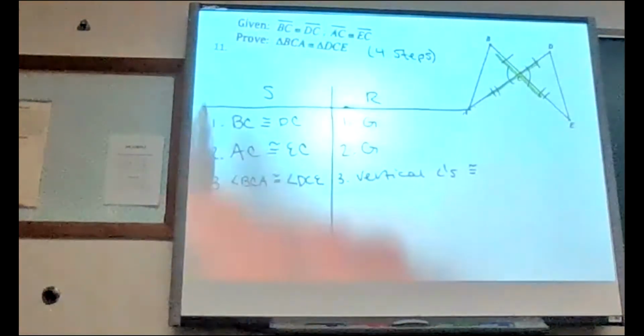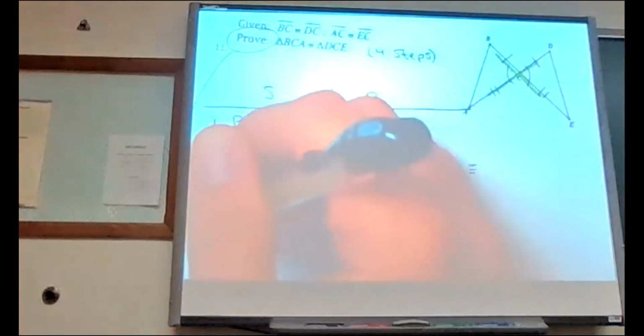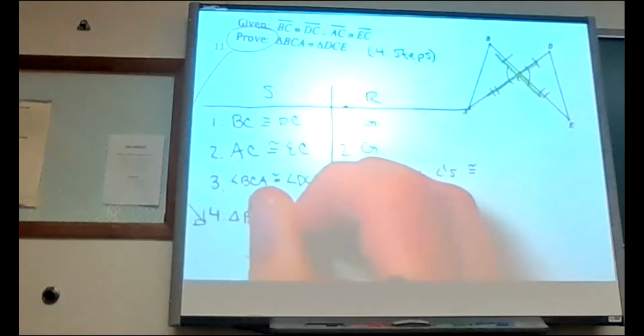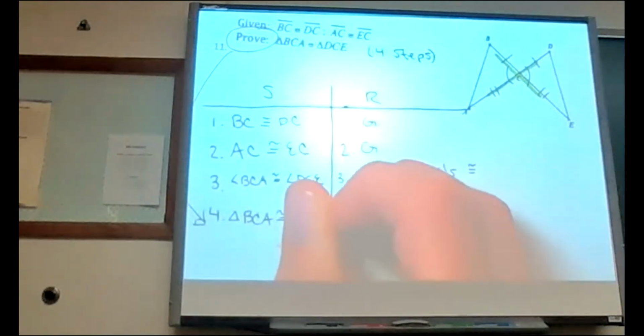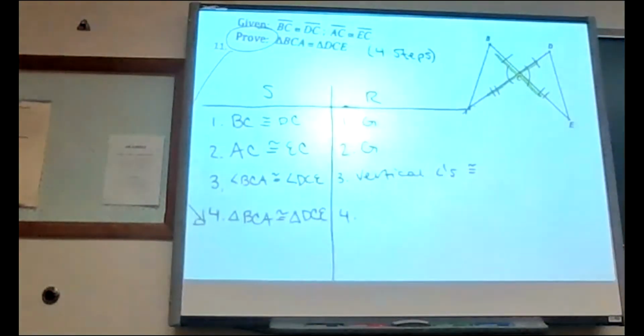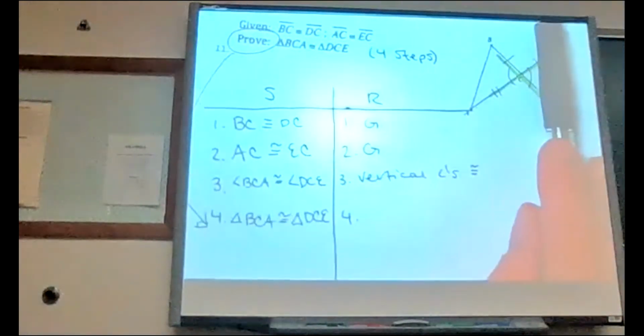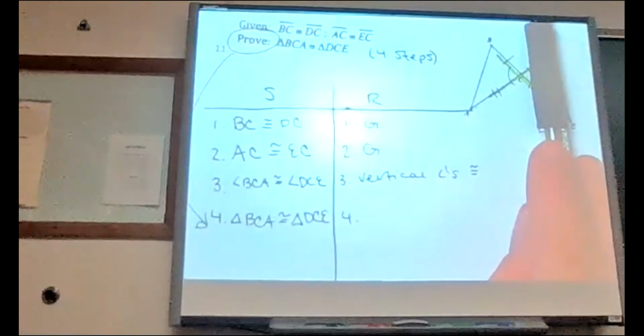Now I'm on my last step, which means it should be this that I'm filling in, and it will be. Triangle BCA is congruent to triangle DCE by which one? Which case do I have here? Cover up one. Side, angle, side.